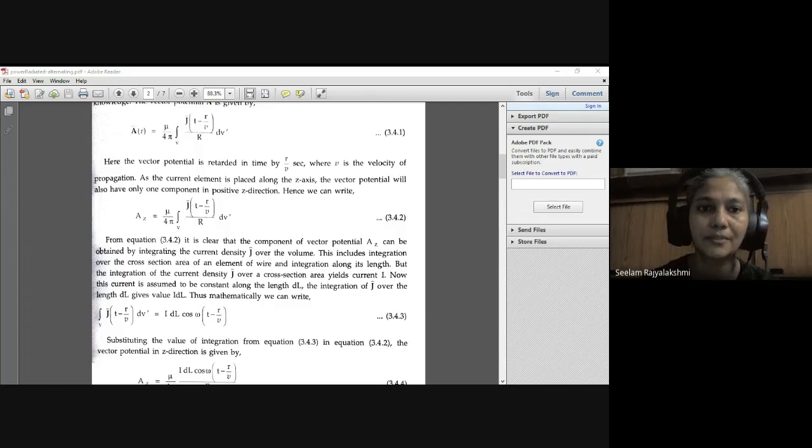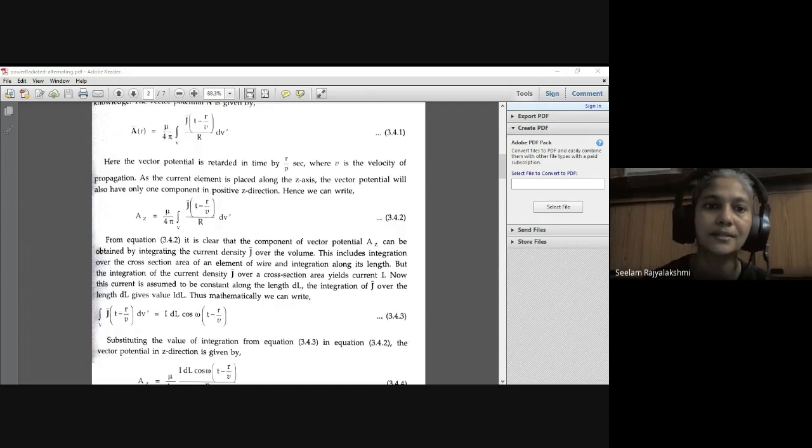From equation number 2, it is clear that the Az component of vector potential can be obtained by integrating the current density J over the volume. This includes integration over the cross-section area of the wire element and integration along its length.